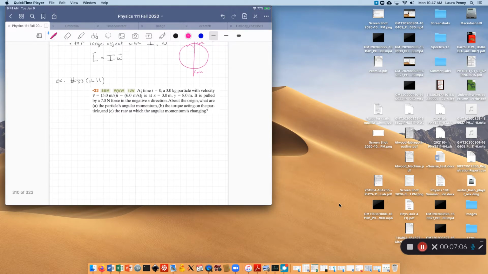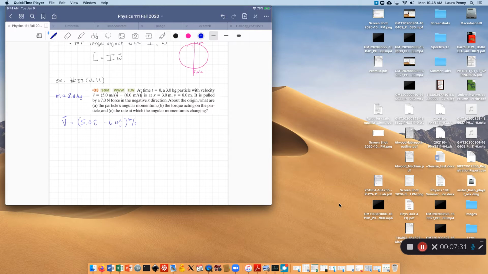All right, so this is a fairly complex one. First we know that the mass is 3 kilograms. And then they tell me the velocity, and I'll write it in unit vector notation, is this.